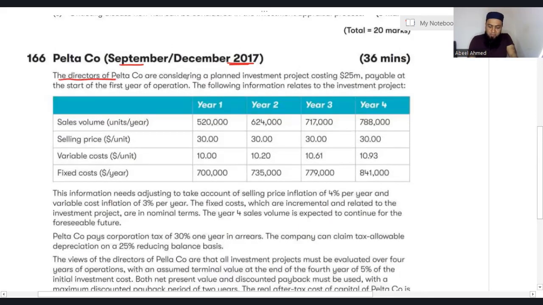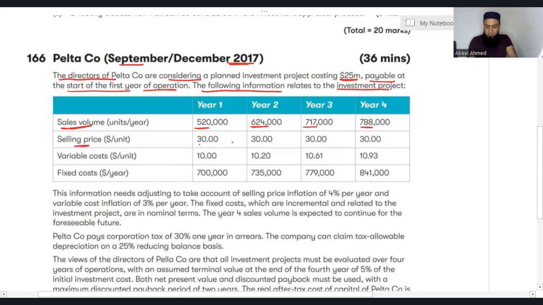The directors of Pelta company are considering a plant investment project costing 25 million. So that is your initial investment, payable at the start of the first year of operation. They're making an investment at the start of the accounting period. The following information relates to the investment project. Sales volume, I'm ignoring 3 zeros: 520, 624, 717, 788.